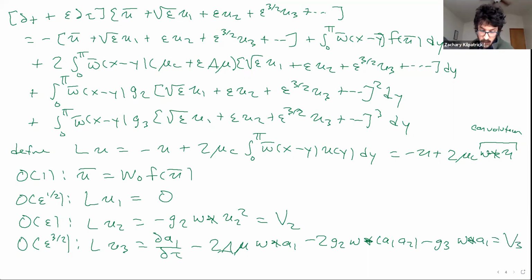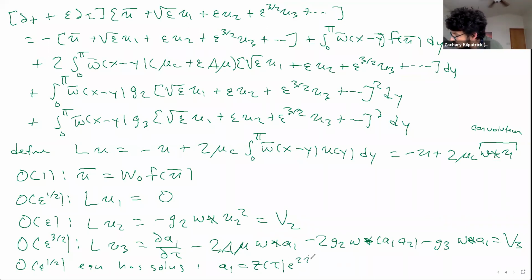Okay. And in particular, the order epsilon to the 1/2 equation has solutions that are given by A1 is equal to Z of tau e to the 2ix plus Z bar of tau e to the minus 2ix.